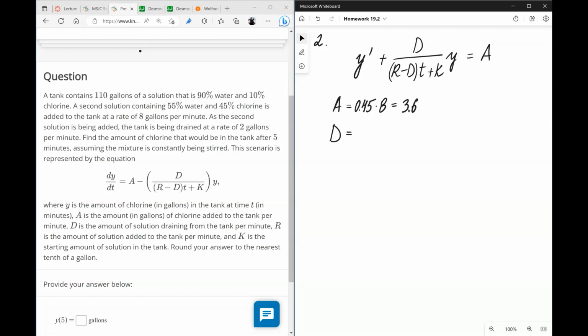D is the amount of solution draining from the tank per minute. It drains 2 gallons per minute. So D is 2. R is the amount of solution added to the tank per minute.